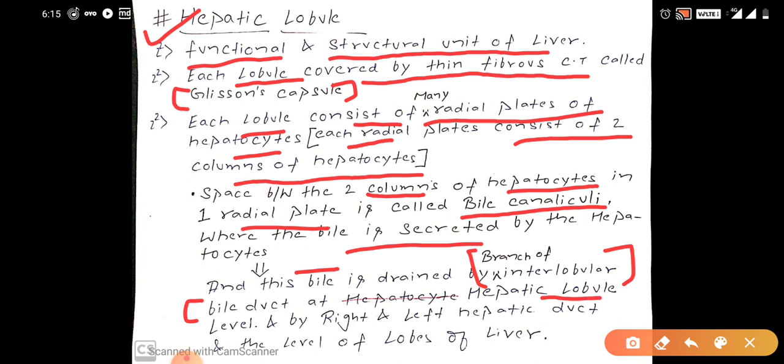So in one hepatic lobule, in the bile canaliculi, bile is secreted by the hepatocytes and it is drained by branch of interlobular bile duct, and many interlobular bile duct combines to form right and left hepatic duct of the liver, which combines to form common hepatic duct, and that combines with cystic duct to form common bile duct.